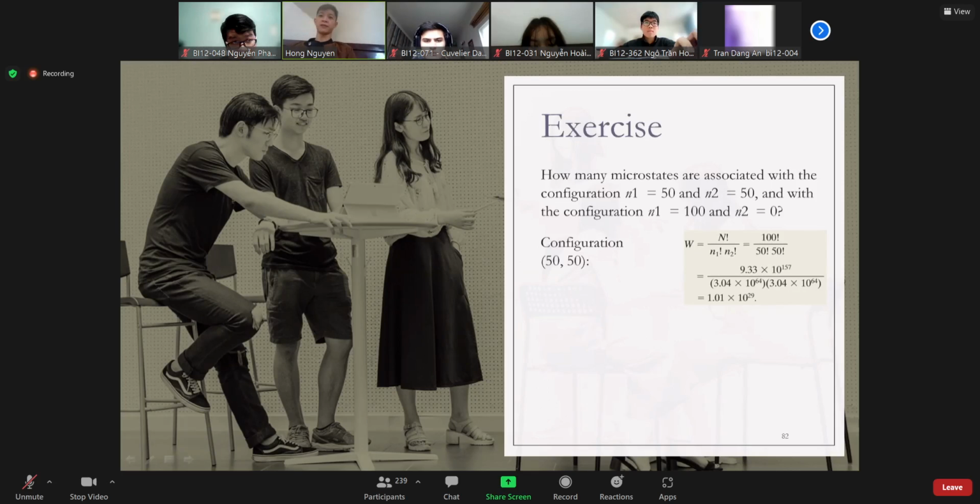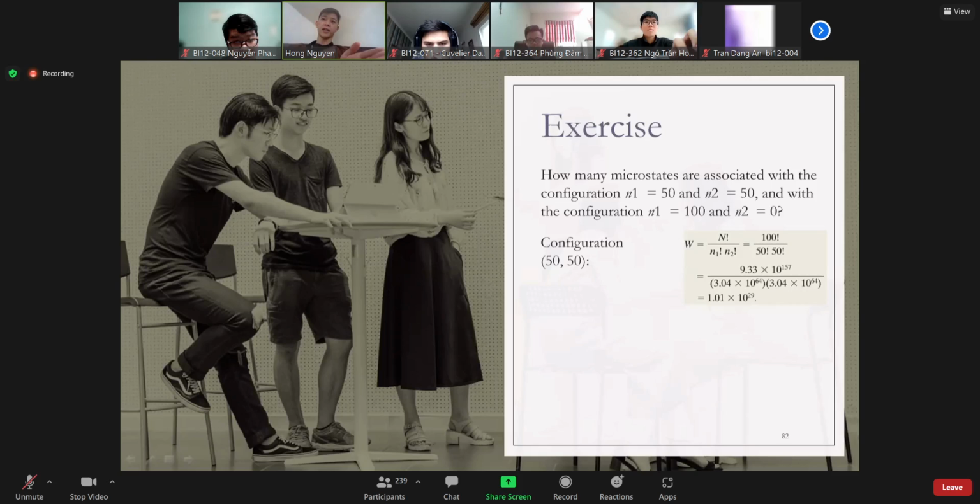So we consider this situation. And we will compare the multiplicity of this configuration with the configuration that 100 molecules are found in one half and the other half have 0 molecule. So if we calculate the configuration half-half, I call it, we will have a very big multiplicity.